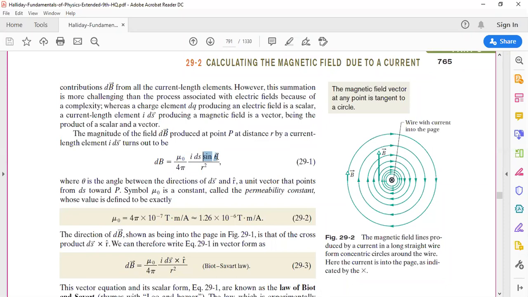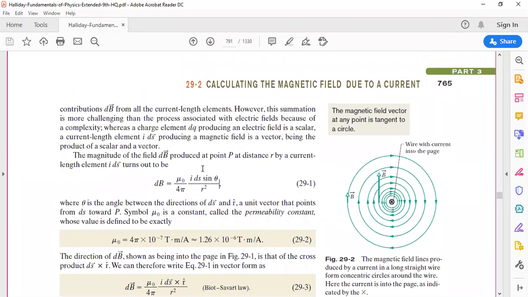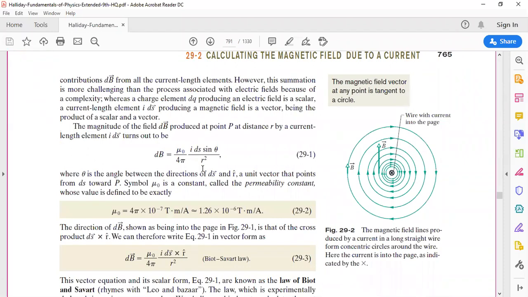Magnetic field is directly proportional to the angle. Magnetic field is inversely proportional to the square of the distance between the wire and the point where you are measuring the magnetic field, and also depends on the medium between them.